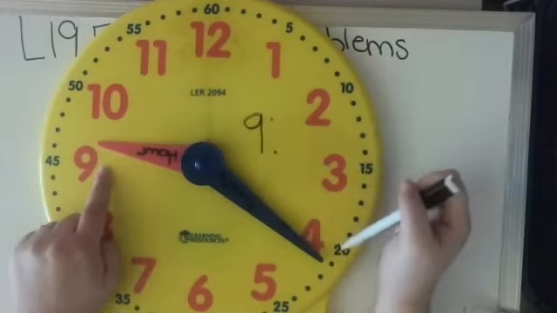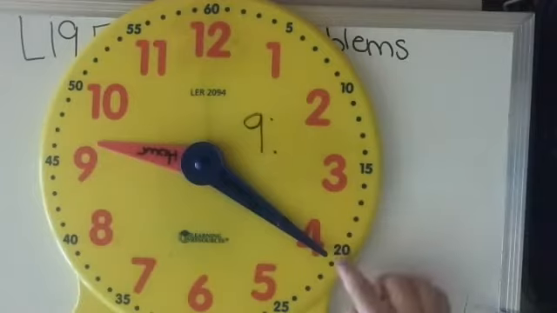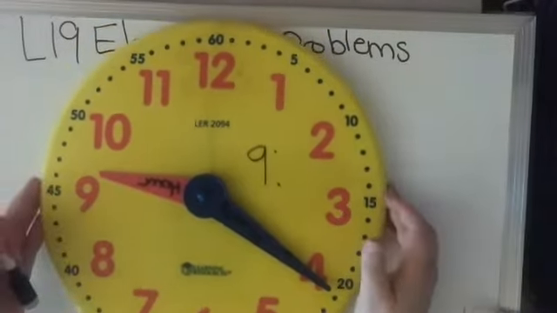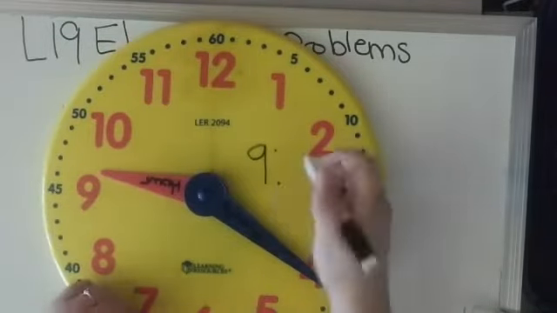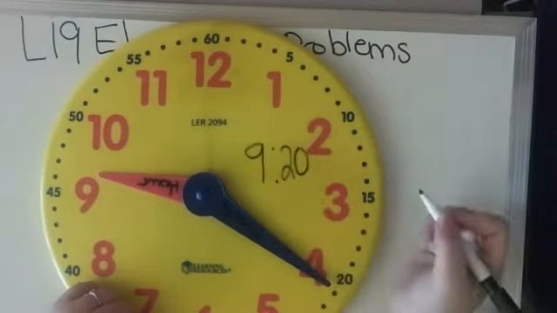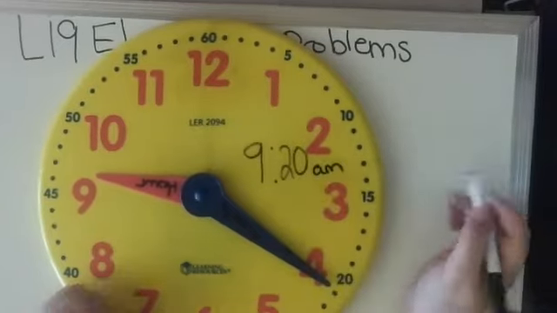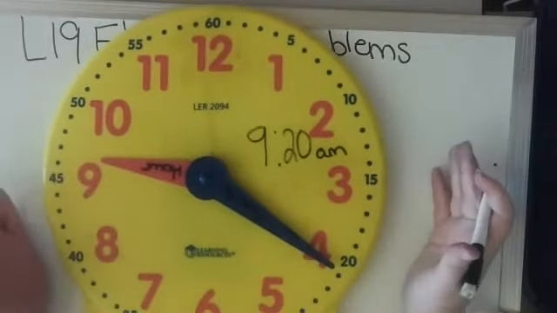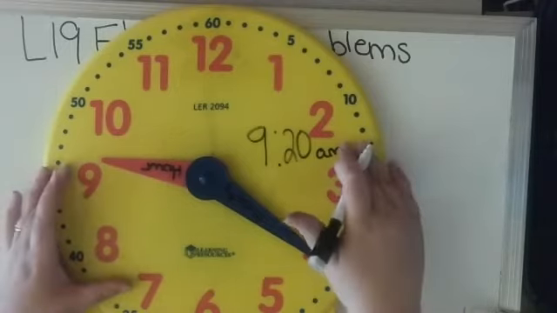I have to look at where my minute hand is. Now, if I didn't have these lovely blue numbers on the sides, I could just count in 5s: 5, 10, 15, 20. 9:20. And because it is morning, it is AM. Those are examples of reading the clock in a little more complicated way than just o'clock and half.